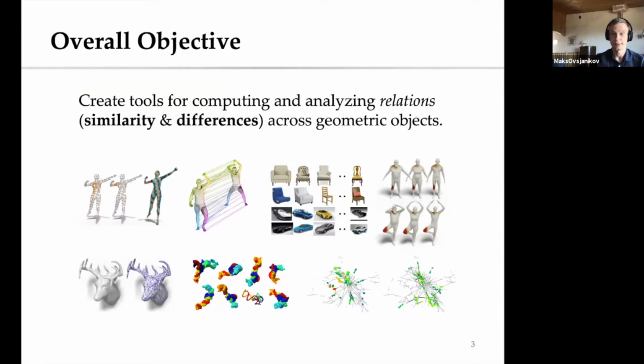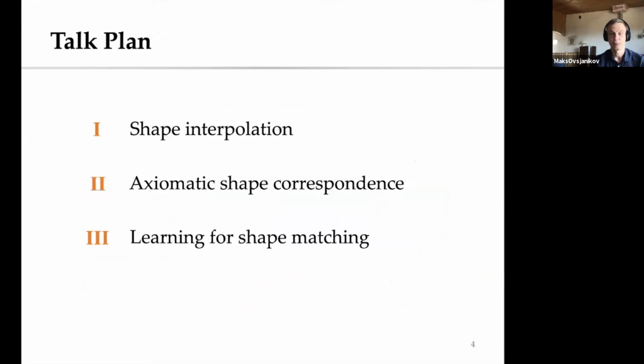And in all of these problems, we always try to find what are the similarities and differences that might exist in different collections. And today, I wanted to share with you three recent areas that we've been exploring. One on shape interpolation, another one on axiomatic shape correspondence, and finally on learning for shape matching.